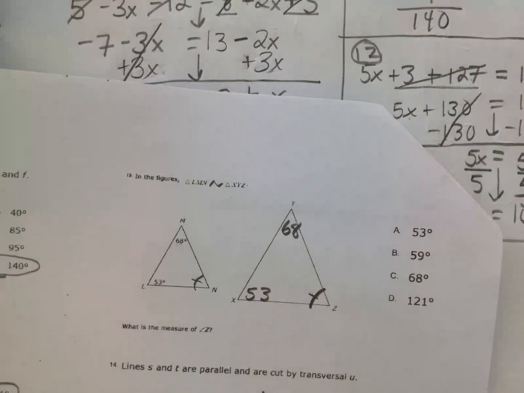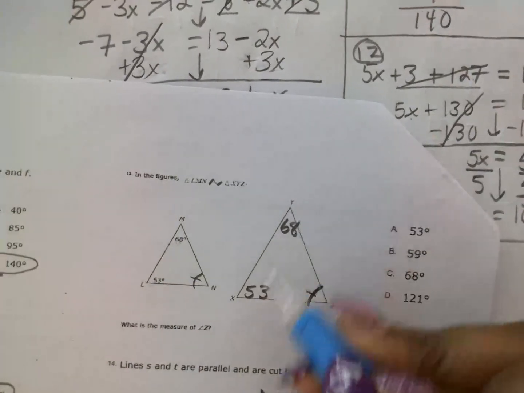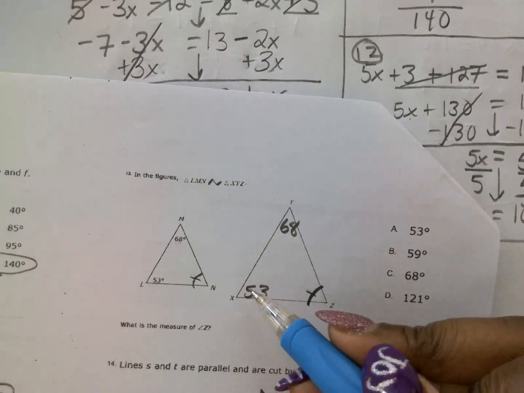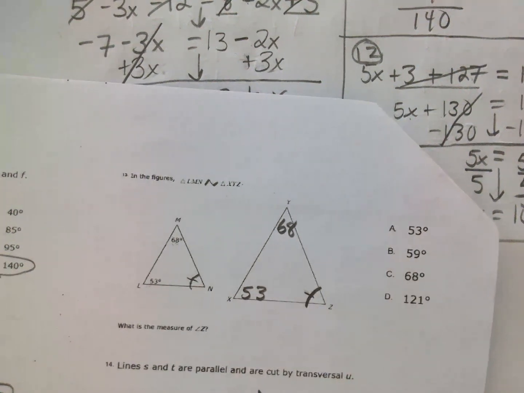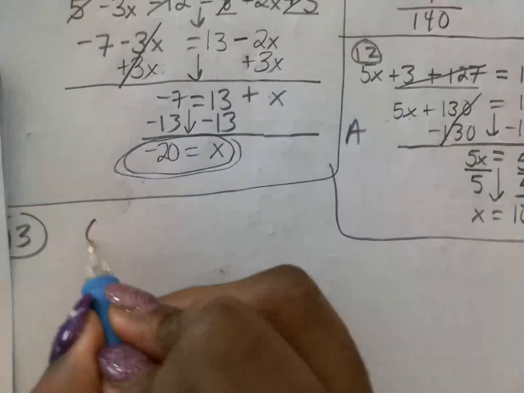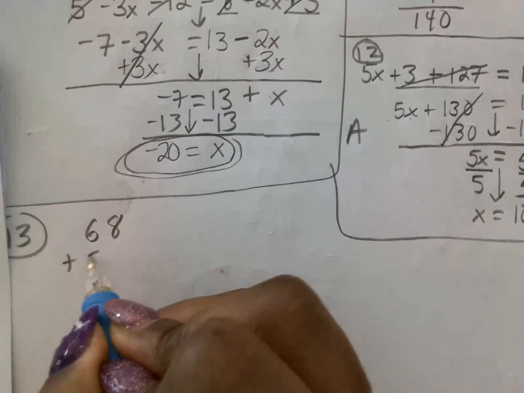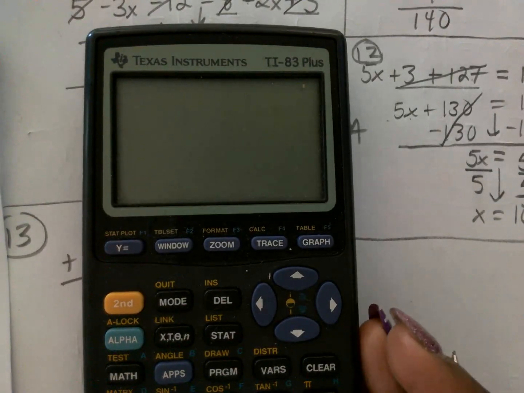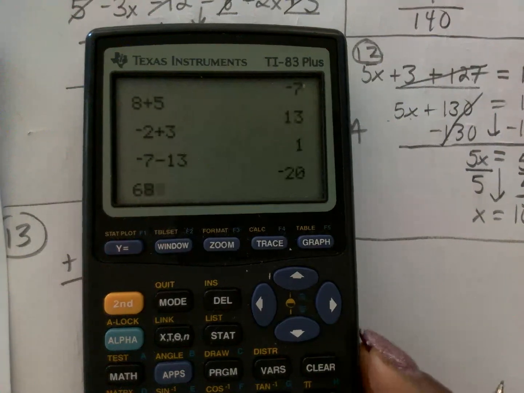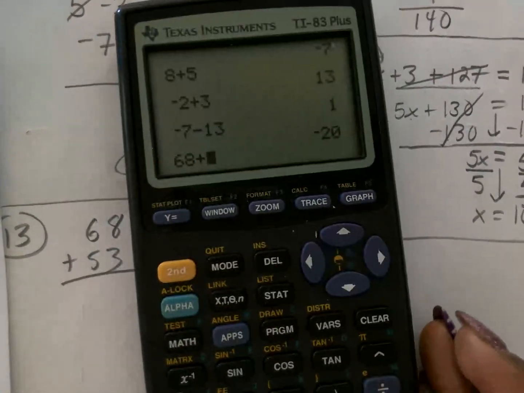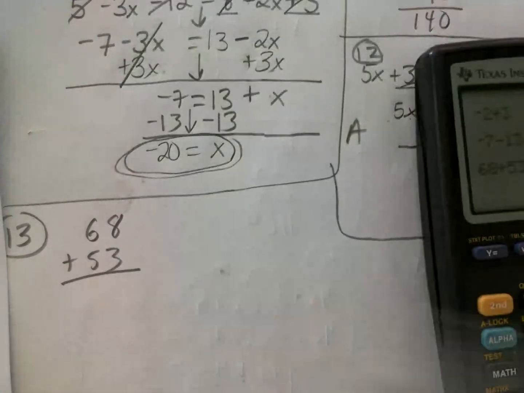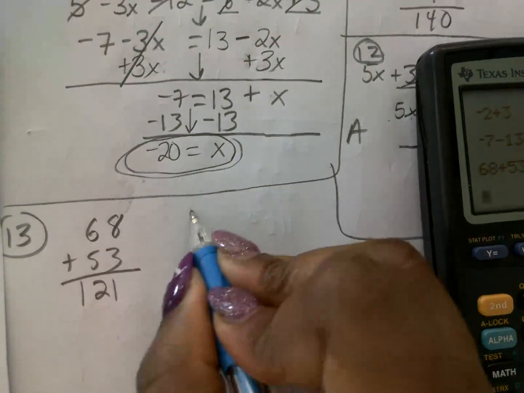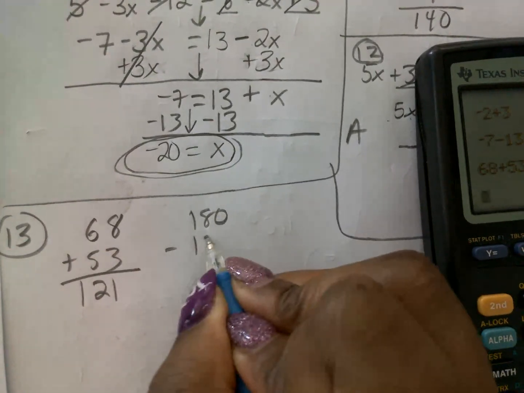So in order to figure out the measurement of that angle, we add these two together and subtract it from 180. So we have 68 plus 53, and that is 121. And you're going to say 180 minus 121.